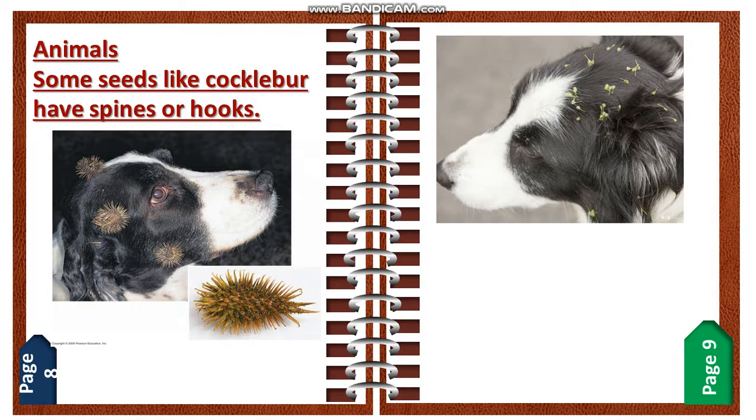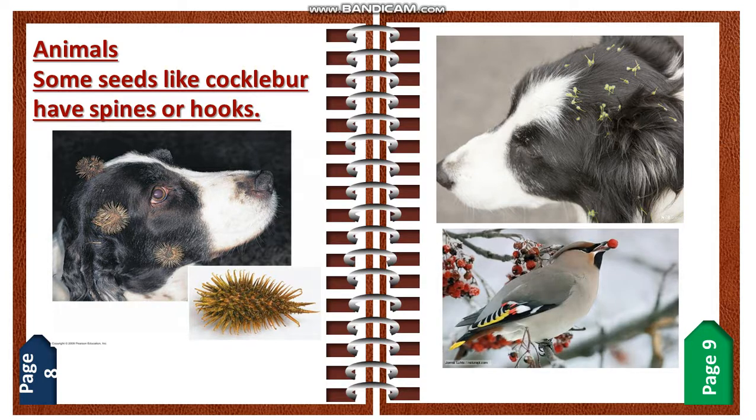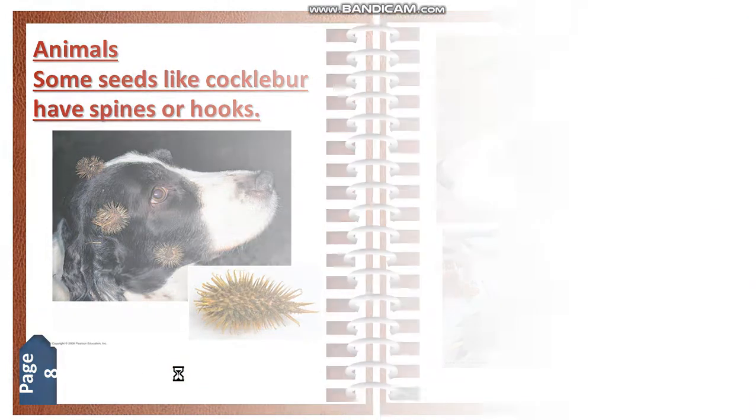When birds and animals eat fruits, the undigested seeds pass through their digestive system along with the waste. Here you can see that these birds and animals carry the seeds with them, and when they travel to a different place, the seed also travels, and like this the seed gets dispersed.